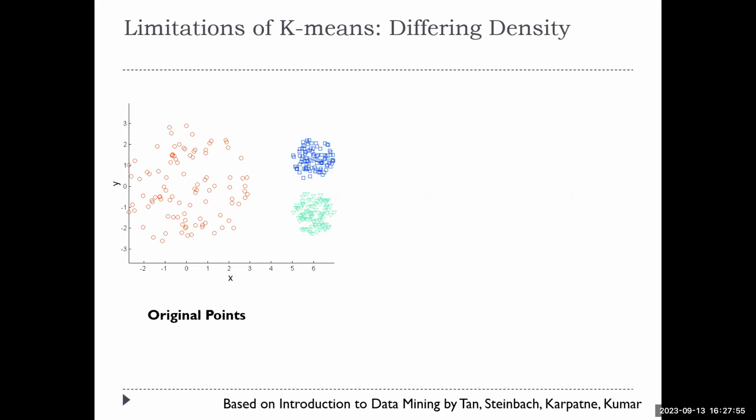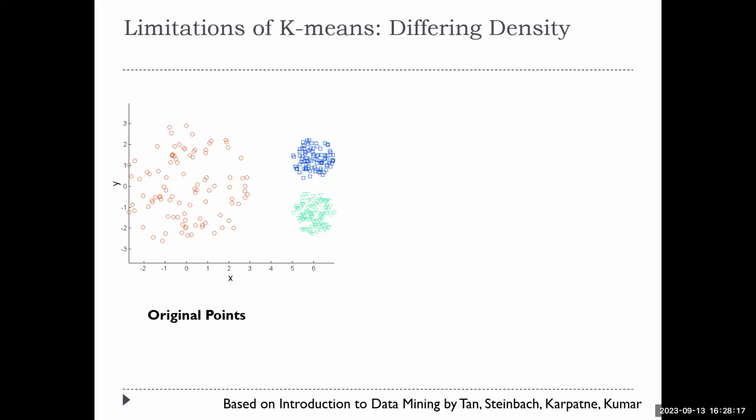This is another example. What you see is there is a big cluster on the left, and then there are 2 small clusters on the right. But in this case, the small clusters on the right are dense. The big cluster on the left side is non-dense. Okay. They are a little bit separated.